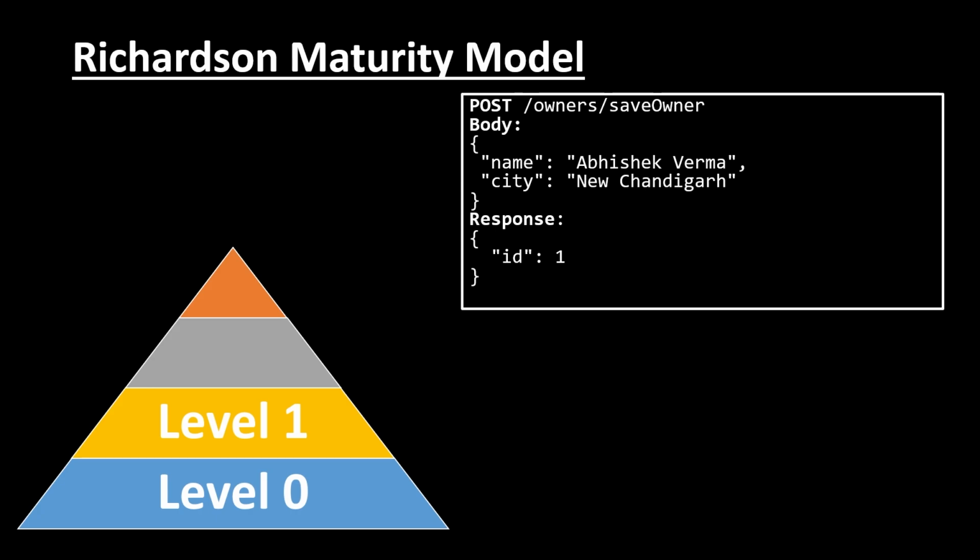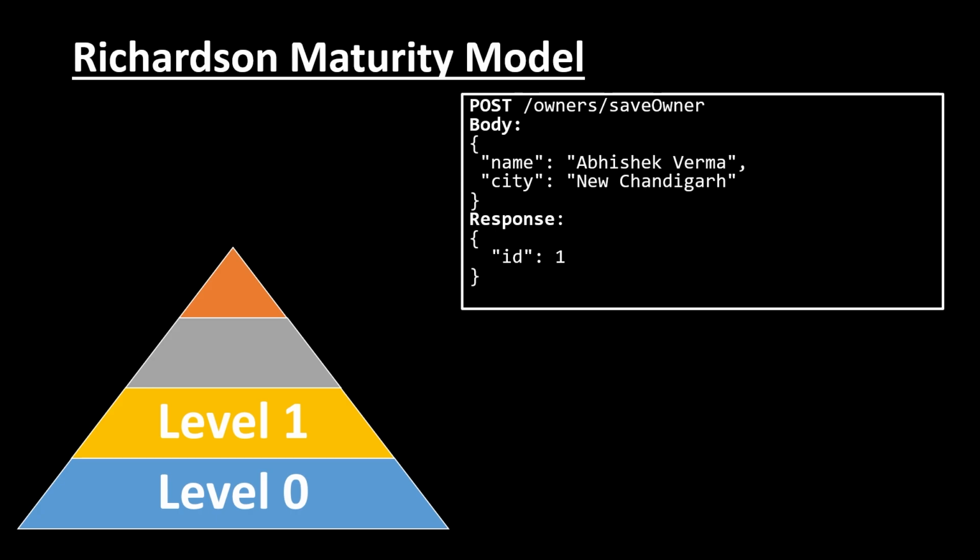And then you will assume that it is very easy to map also, because on the class level, you can say /owners, and on the method level, you can say post mapping /save owner. And in the body it will be just simply your body, because here we say your body is nothing but a resource. So from level 1 onwards, we will start considering it as a resource.